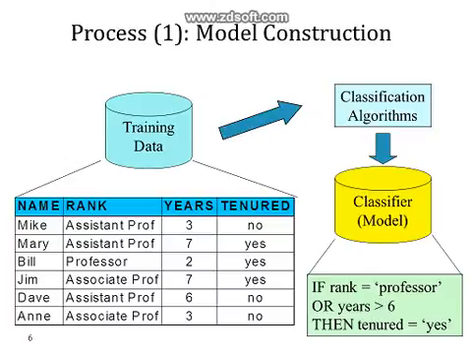Here is an example to define the model construction process. Here, the training data has three features: name, rank, and years. With these features, the records are labeled as tenured or not.